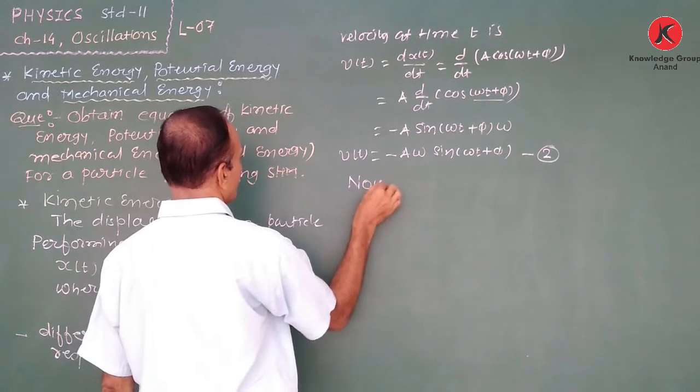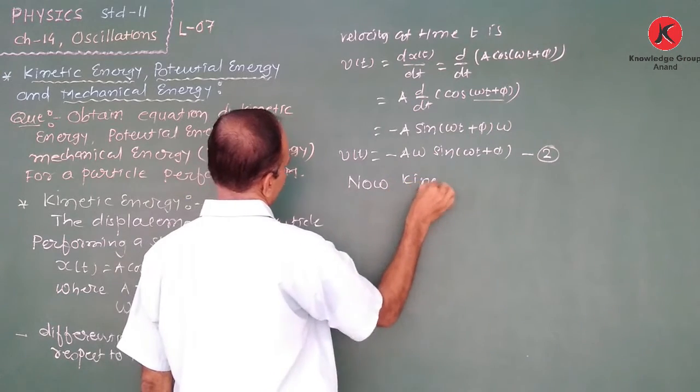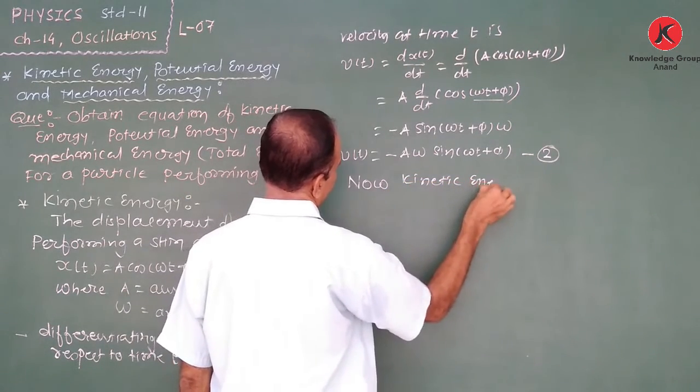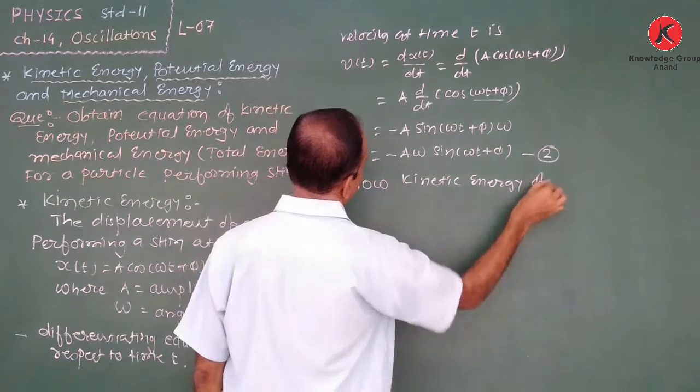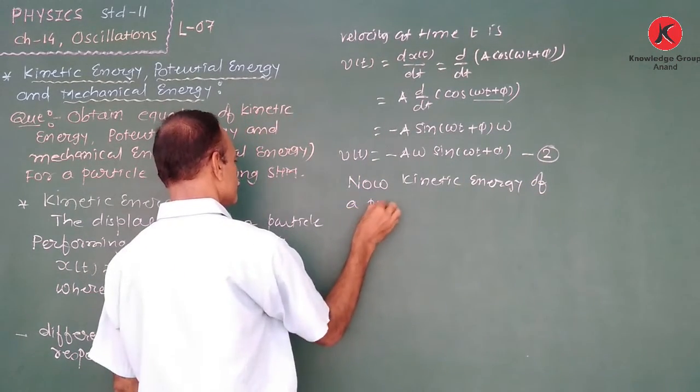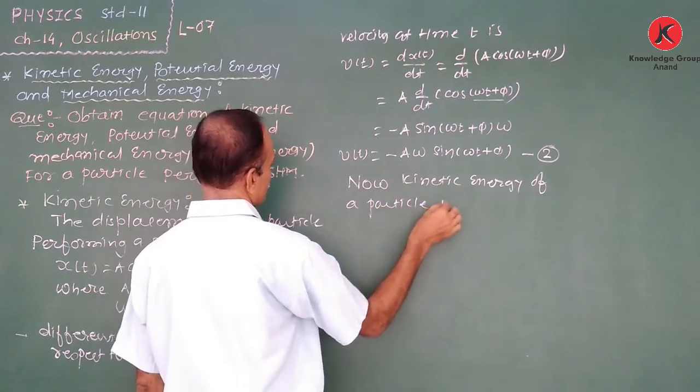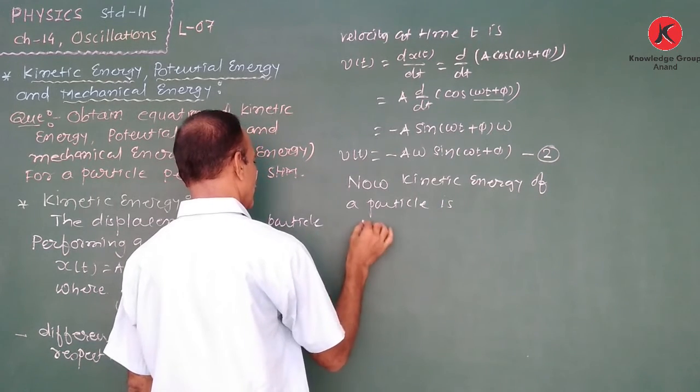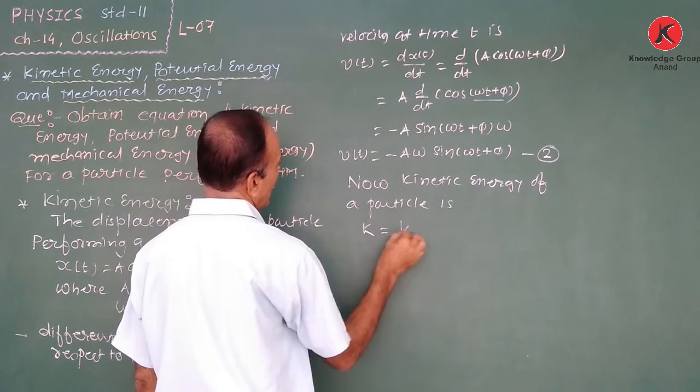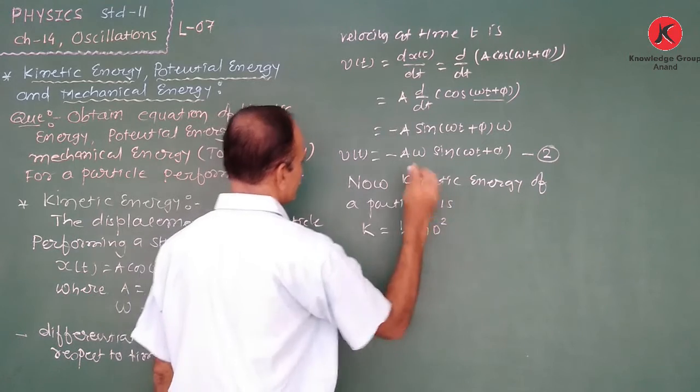Now, the kinetic energy of a particle is K = half m v square.